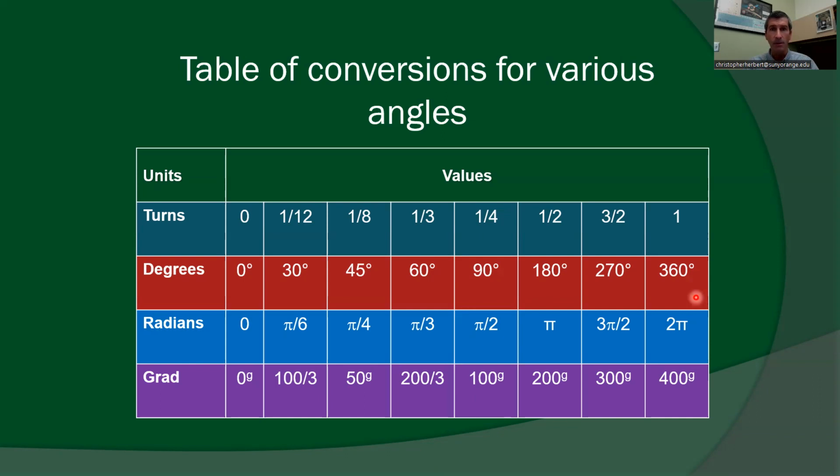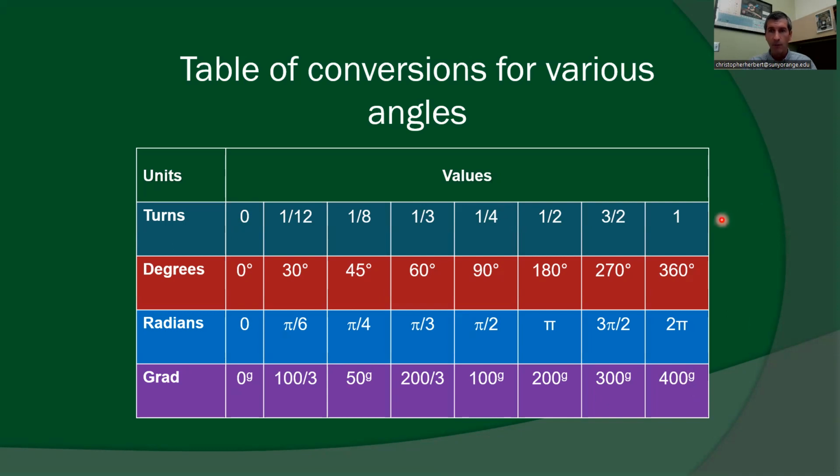Degrees separate the circle into 360 equal parts. Radians separate the circle into 2 pi equal parts. GRADs are used in engineering sometimes, but not as commonly anymore. They separate a circle into 400 parts, the idea being that each quadrant is broken into 100 individual parts.